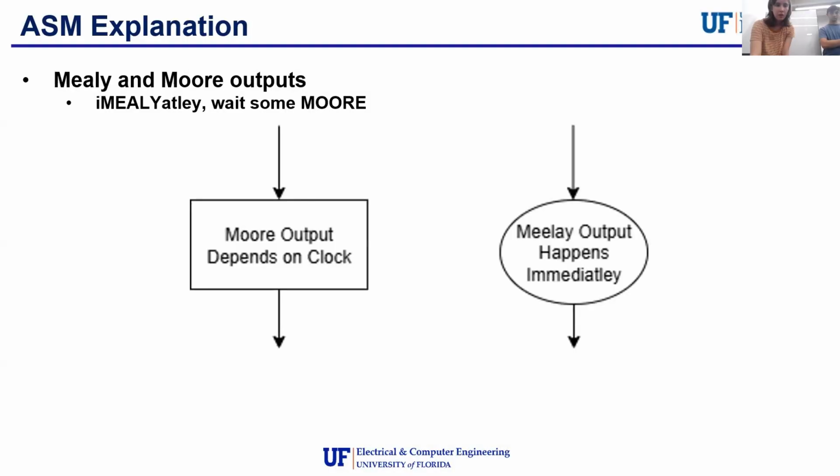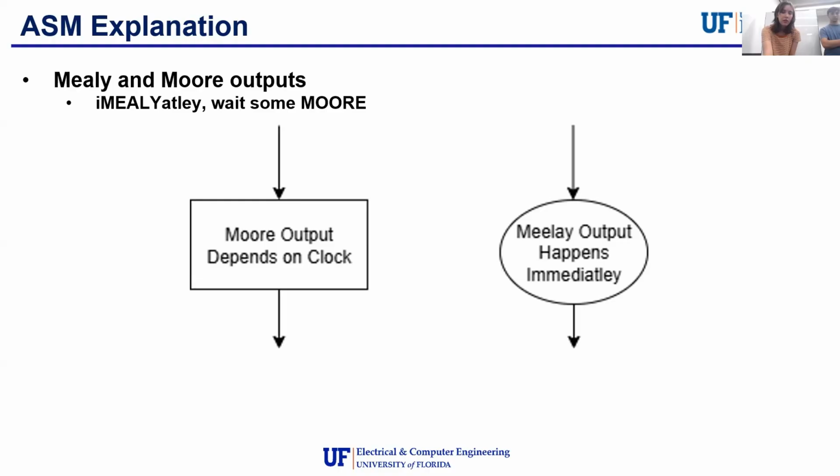So with that out of the way, the symbols that we use to represent different types of outputs. We have a rectangular box that represents a Moore output. So every time that an arrow goes to a rectangular box, that transition will happen at a clock edge. Whereas if you have an arrow going to a Mealy output, that'll be represented by a circular shape.